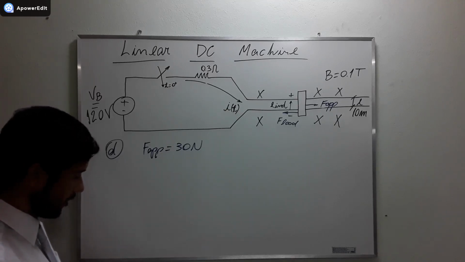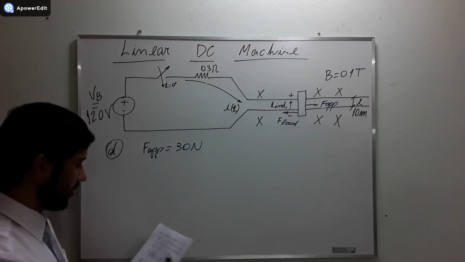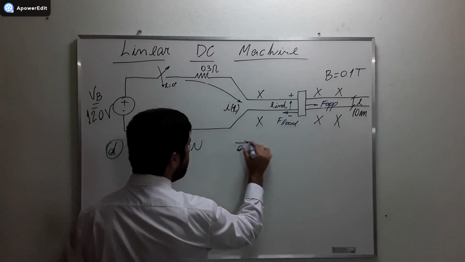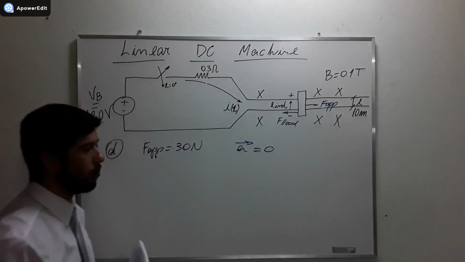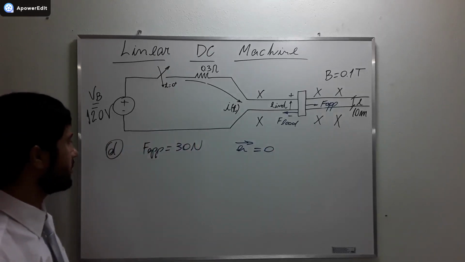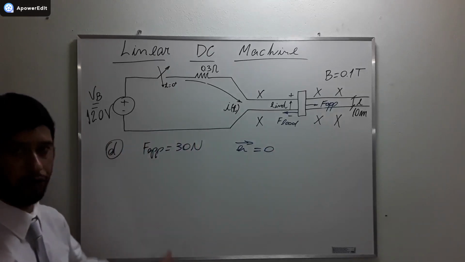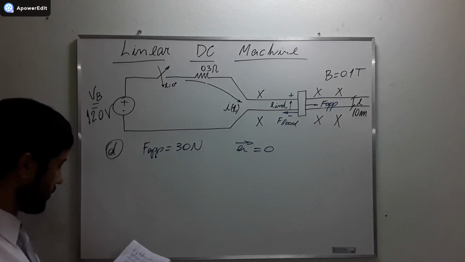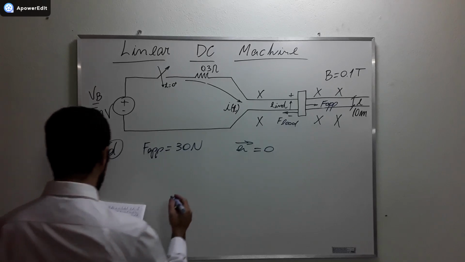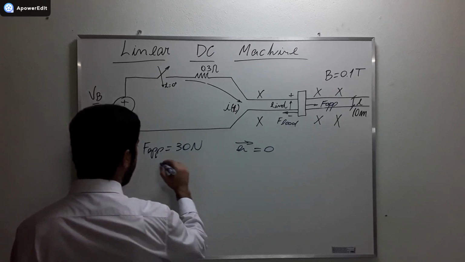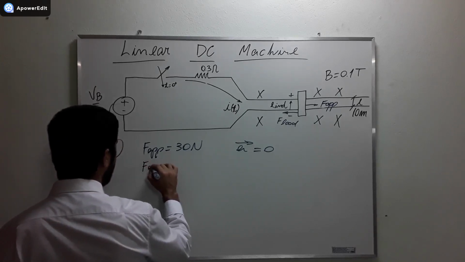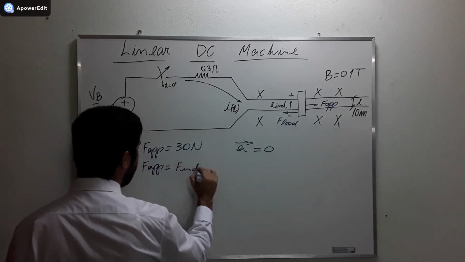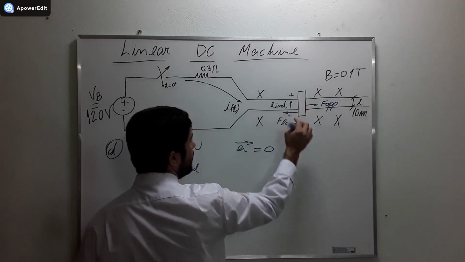Okay, let's solve this. The steady state velocity is going to be reached when the machine is not accelerating anymore. So the applied force is going to be equal to the induced force, because the machine is going to resist.